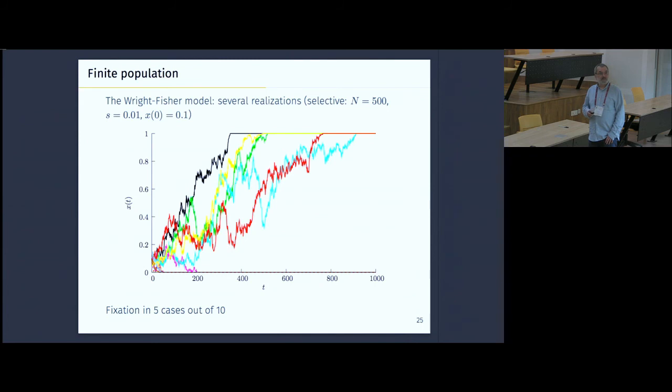With 1%, you can estimate that there is fixation more or less with probability 1/2. And in fact, in this case, Ronald Fisher would have killed me for that, exactly in 5 cases you go to fixation, in 5 cases you go to extinction for the preferred variant.